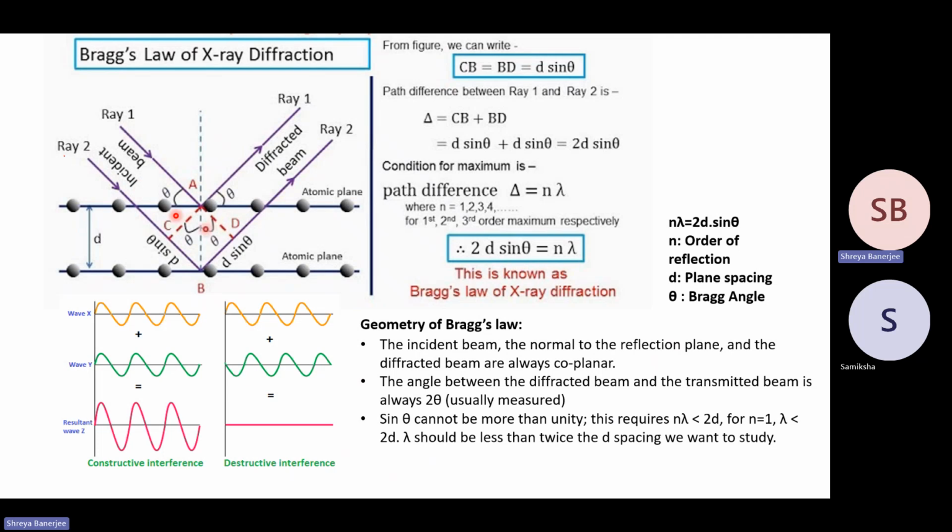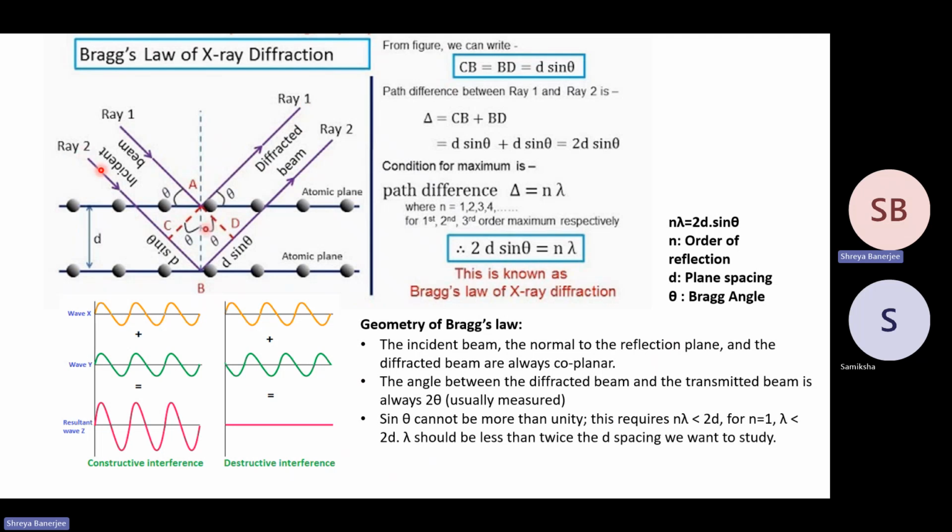Okay. So imagine that this is one layer of the crystal and this is another layer of the crystal, and the distance between the two layers is d. Now you have an incident beam of X-rays. In this beam, we are considering two rays, ray 1 and ray 2. Ray 1 is coming, hitting the top layer and getting diffracted.